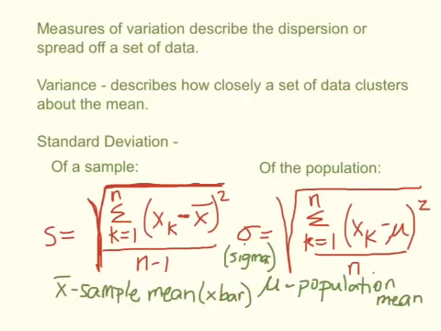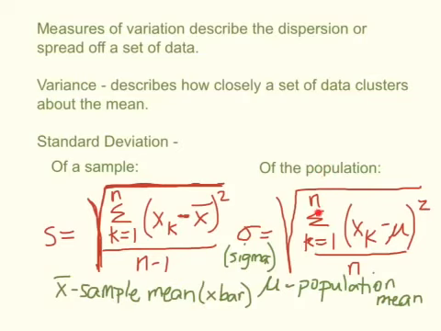If you're using a sample, the sample standard deviation would be the sum of all of the numbers subtracted from the mean, squared, divided by the number of numbers minus 1, and then you take the square root of that number. For the population, if you're testing the whole population, then we use a Greek letter called sigma, which represents the standard deviation of the population.